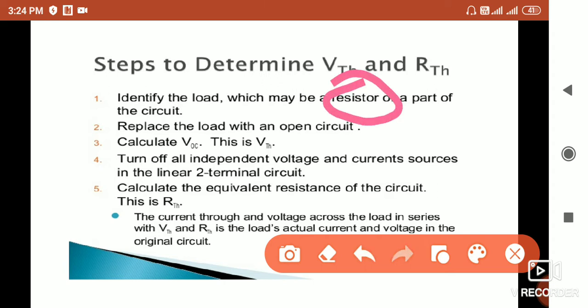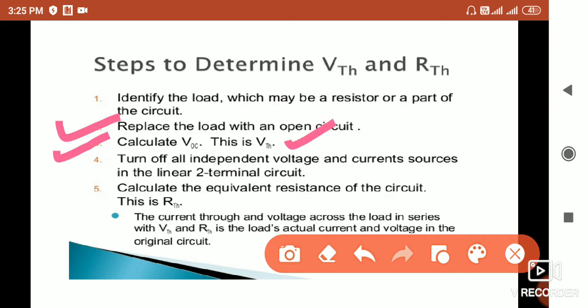Load is generally a resistor. Now how to find the VTH: second, replace the load with an open circuit. And third point, calculate VOC. So how to calculate? When we open the load resistance, there is no current, and generally we apply KCL and KVL. We find the VOC, that is equal to VTH. This is all about the calculation of VTH.